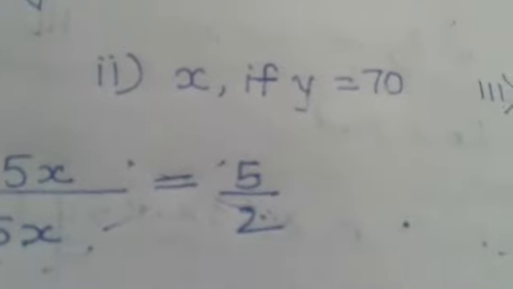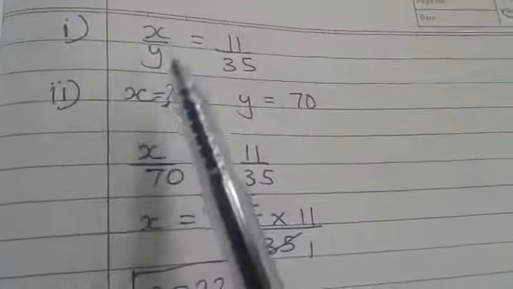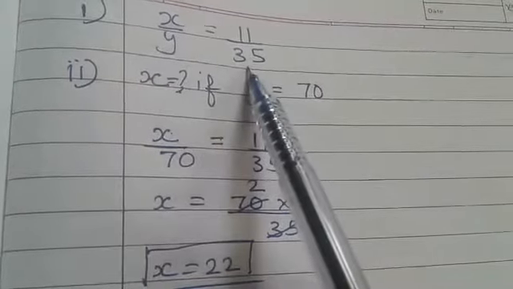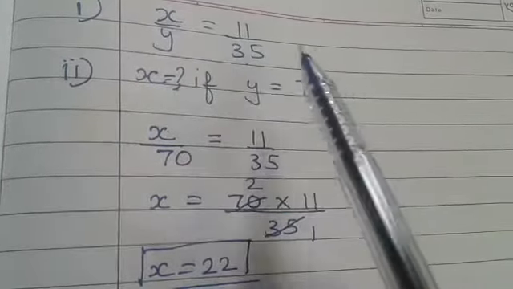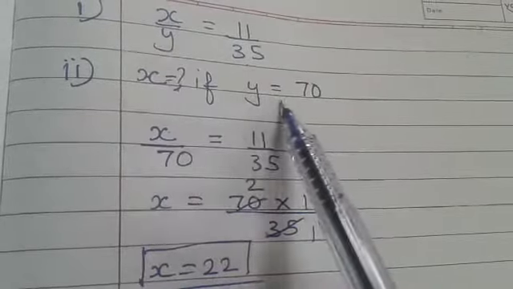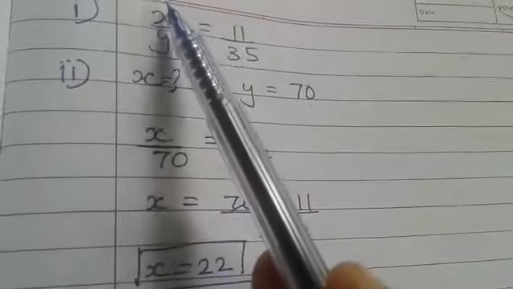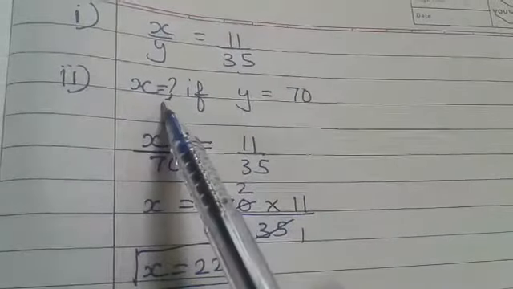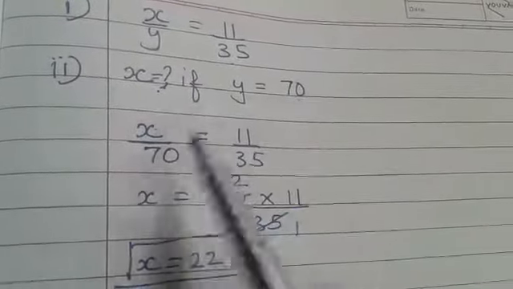Find x if y is equal to 70. Take the first answer: x upon y is equal to 11 by 35. So x upon 70, because the value of y is given as 70, but what is x? I don't know, because I have to find x.